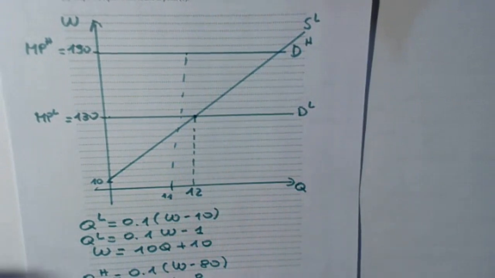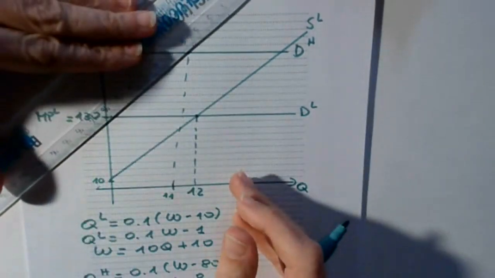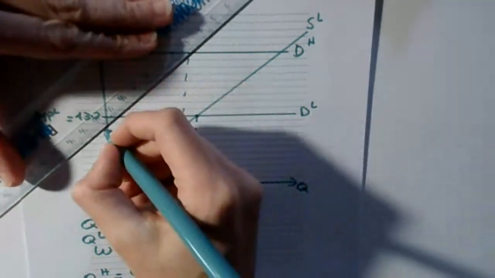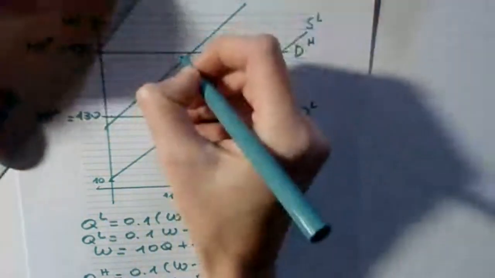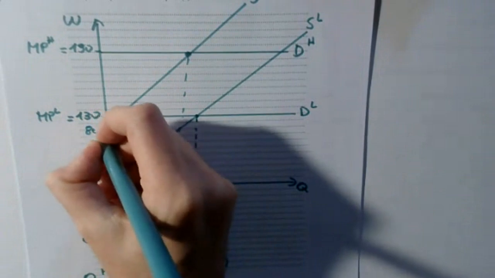And this means that my supply curve for H workers must go through this point. So it's something like this. They should be more or less parallel. Okay. So this is SH, and this is basically 80.